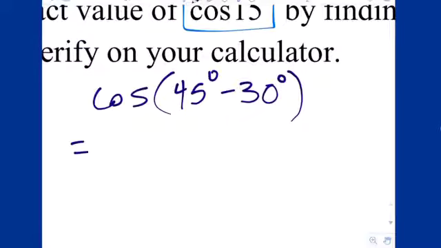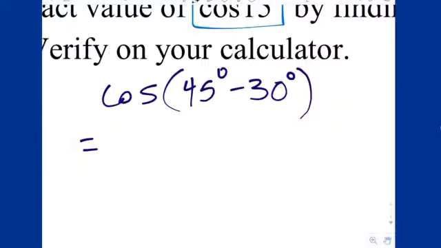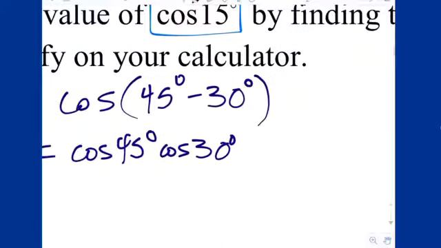And because it's cosine, is cosine selfish or selfless? Cosine? He must show you a different side than he shows the rest of the world. Cosine is selfish. Me, right? So if it's cosine of 45 minus 30, it's going to be cosine of the first times cosine of the second. Me. And then, what happens to the sign?